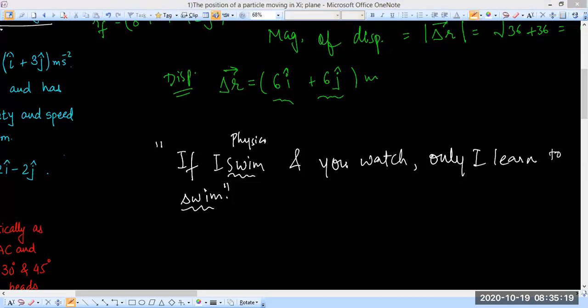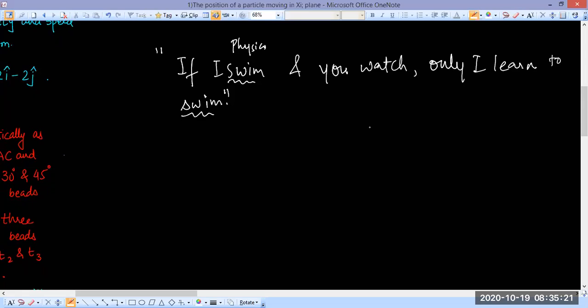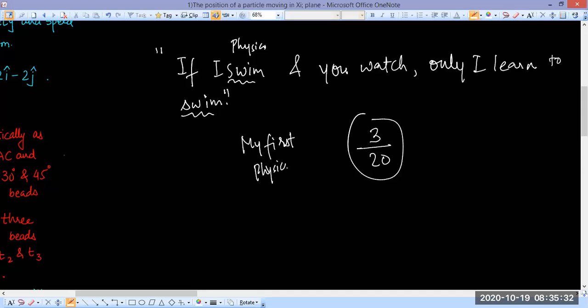So I think it's time to tell you what I scored on my first physics test. I might have told you before. Did I tell you or not? This was my first physics score, and next to it something was written like this. Yes, I'm talking about 11th.